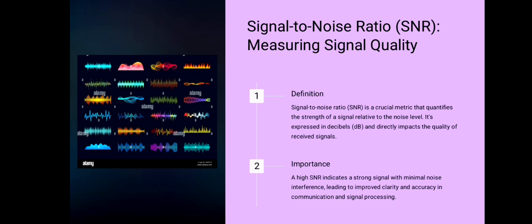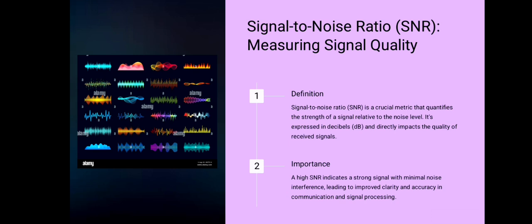Now when we talk about real world examples of SNR, number one is telecommunication. Mobile phones and Wi-Fi signals require high SNR for clear voice and fast internet speeds. Number two, audio systems. A high SNR in microphones and speakers ensures crisp, noise-free sound.